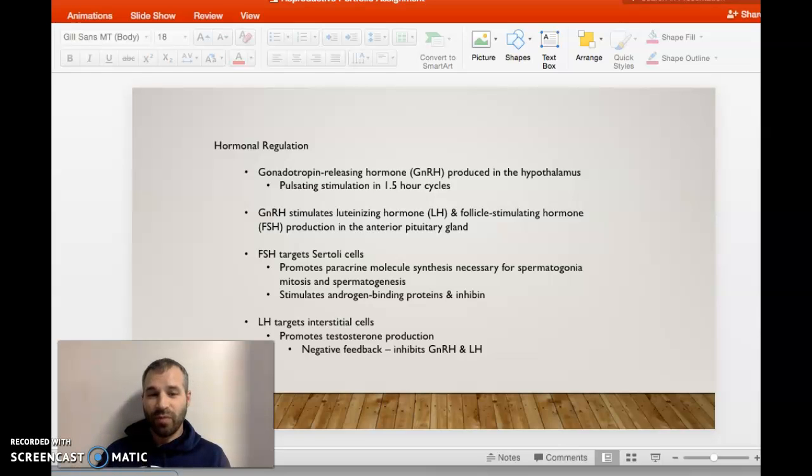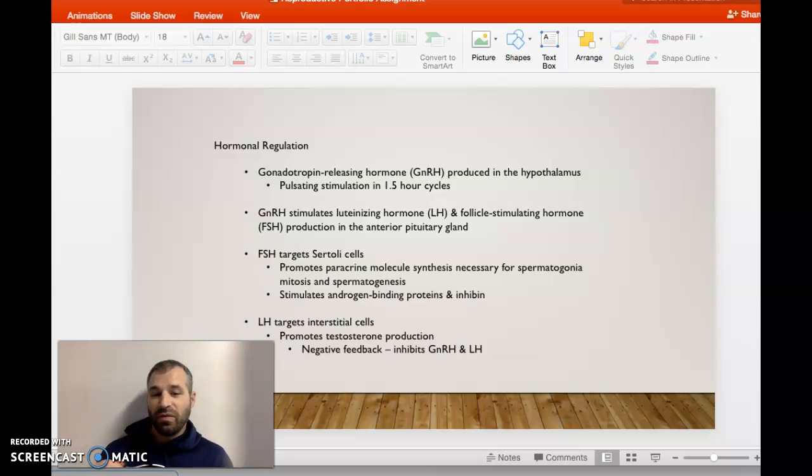FSH will promote paracrine molecule synthesis necessary for spermatogonia mitosis and spermatogenesis. FSH will also stimulate ABP and inhibin.